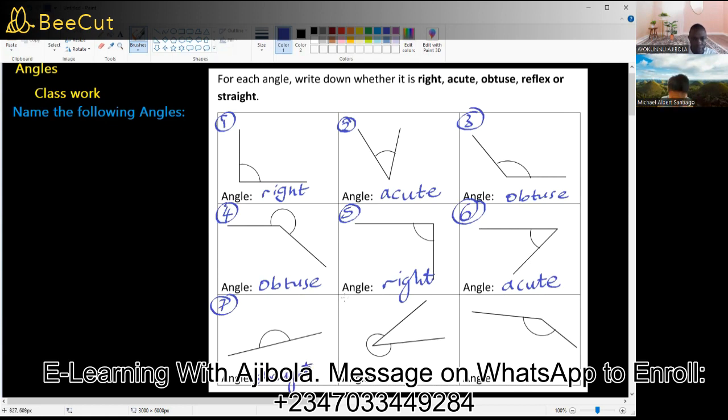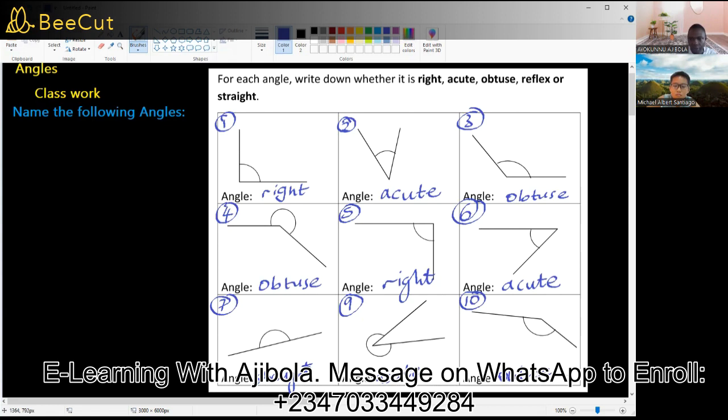Number nine, what name should I write? An acute angle. Acute, right? Number 10, what name should I write? That's an obtuse angle.